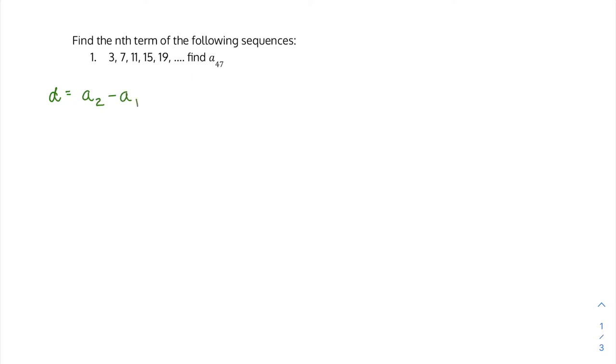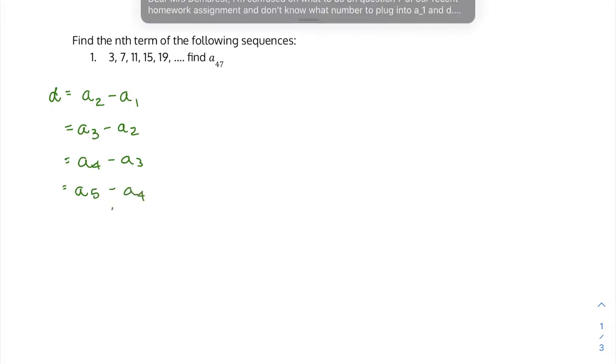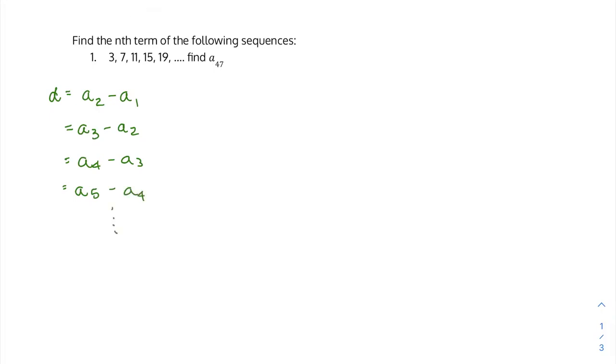For it to be arithmetic, that has to be equal to a3 minus a2, and a4 minus a3, and a5 minus a4, and so on and so forth.